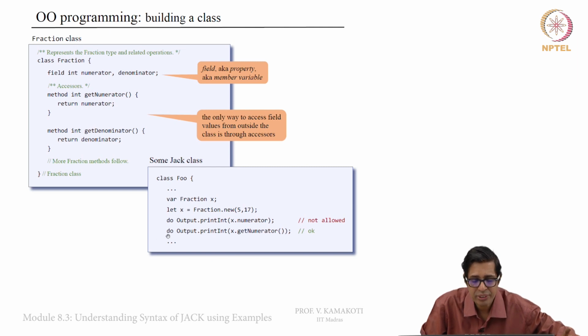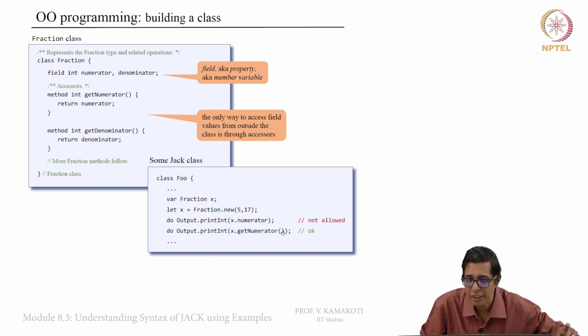In this case I can't do this, so I have to say output.println(x.get_numerator). x is an object of this fraction, and associated with x there is a get numerator which will give x's numerator, and associated with x there is a get denominator which will give you the denominator of x. Similarly, if I had declared another fraction y, then y.get_numerator will give me the numerator of y, and y.get_denominator will give me the denominator of y.